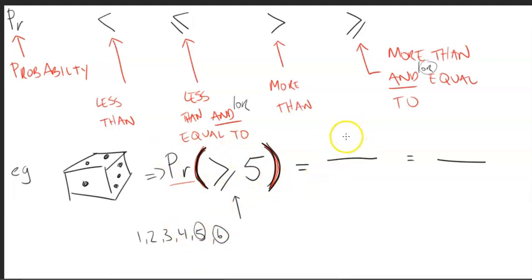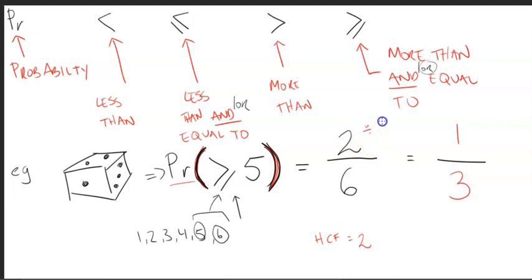So the probability of this happening is a 2 in 6 chance, because there are 2 numbers that fit this criteria and there are 6 possibilities all up, which then simplifies down to 1/3, as the highest common factor in both of these numbers is 2.